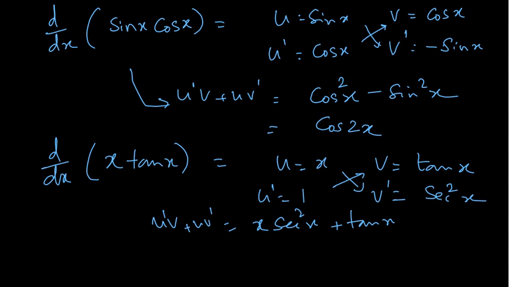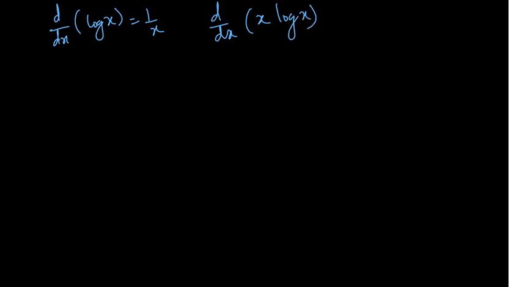Okay, some more questions. Differentiation of log x equal to 1 by x. So now we want to see differentiation of x log x. u is equal to x, v is equal to log x. u dash equal to 1, v dash equal to 1 by x.